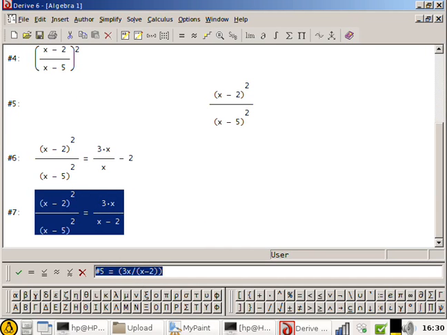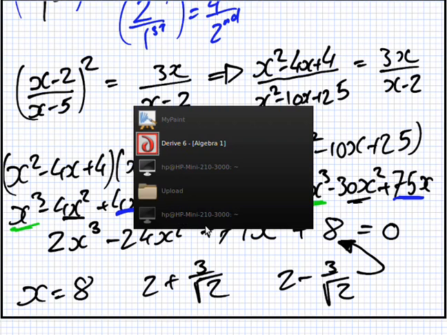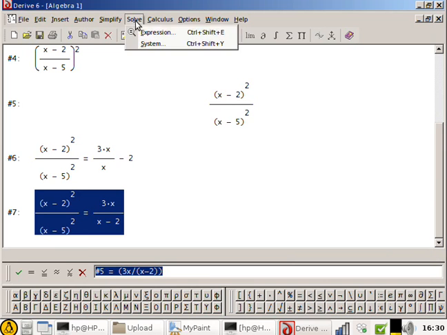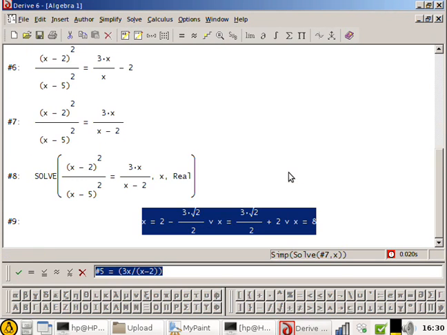So did I write that down? Yes, I did. Okay, so Derive, solve, and keep it real. It's saying that x is equal to 8.